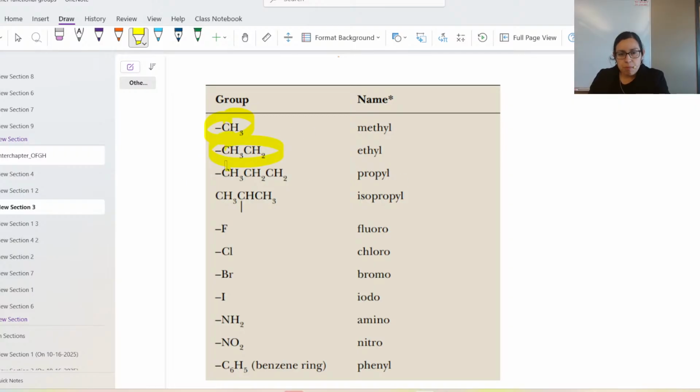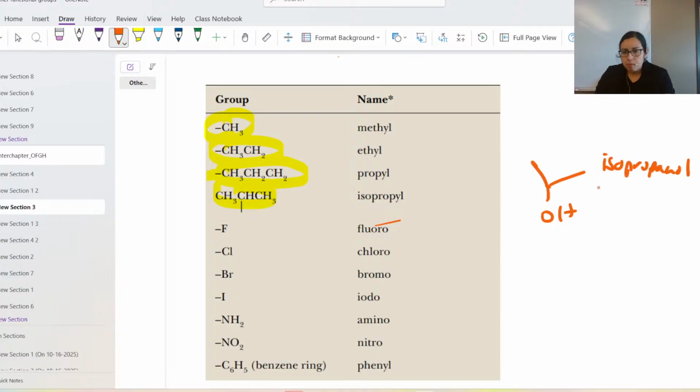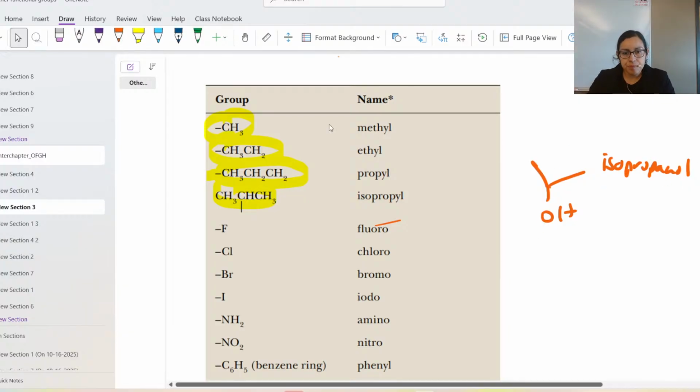Notice propyl is when we have a straight chain attachment versus isopropyl. I always think of isopropanol, which we'll get into the naming, but we're seeing the isopropyl group, and then our nol for our alcohol, but like I said, we'll go over that.